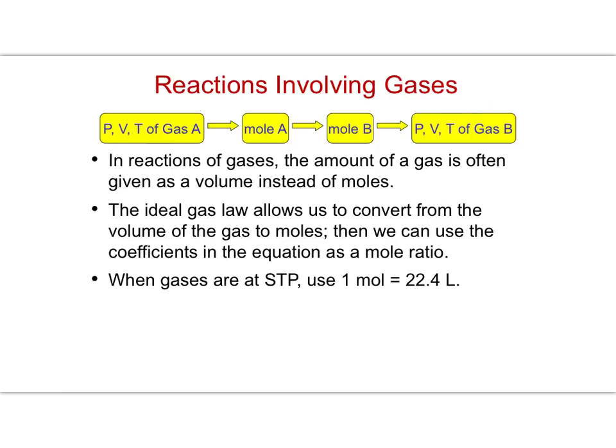Well, with gas laws, you can do the same idea, but you can convert to those measurable quantities of a gas. So it's an adaptation to the stoichiometry workflow that you've seen many times in your chemistry career at this point.